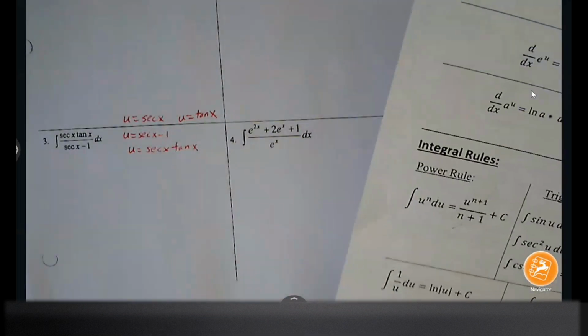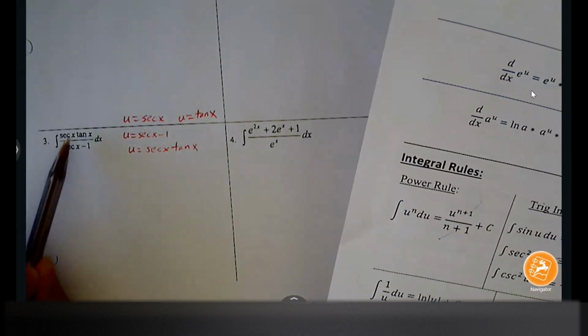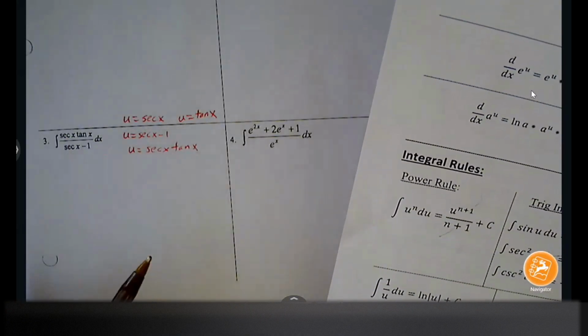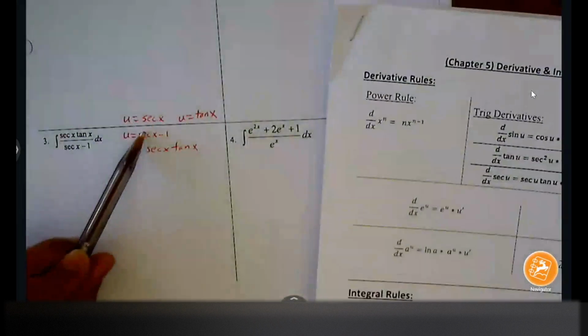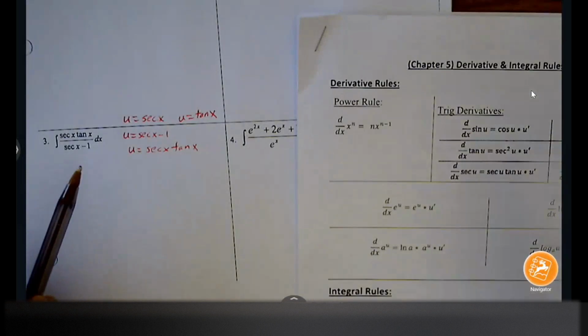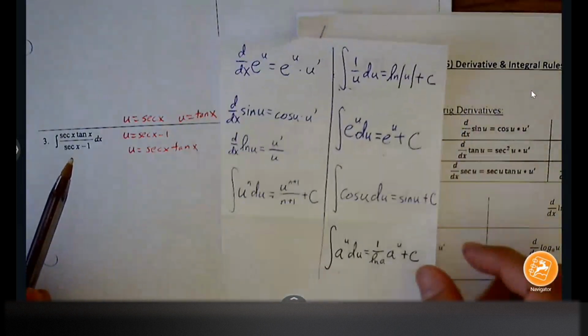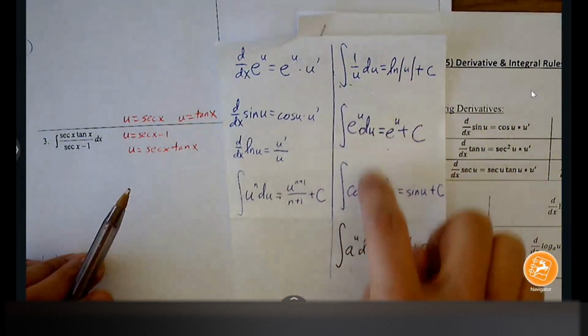Secant x minus 1. Yeah, it's going to be the entire denominator. If you're choosing between numerator and denominator, let's go with the denominator. Remember, if you go with the U-substitution, ultimately, you want to pick the U value so that one of these rules appear, right?